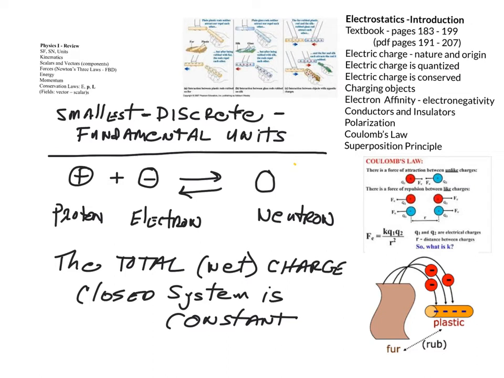So the stronger and truly correct statement is that in a closed system, the total or net charge of that system will remain constant. That's what we mean by conservation of charge as opposed to quantization of charge.